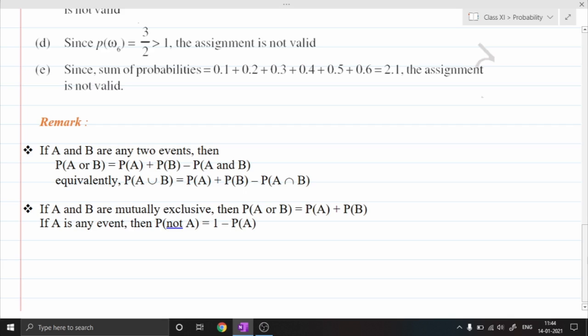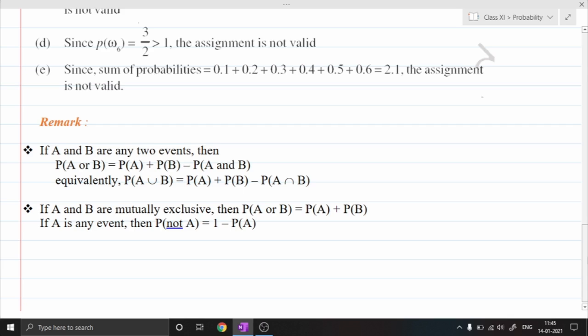And second thing, if A and B are mutually exclusive, then what will be the value of P of A or B, meaning P of A union B? In that case, it will be equal to P(A) plus P(B), because since A and B are exclusive, A intersection B is empty, and hence the number of elements in A intersection B will be equal to 0.